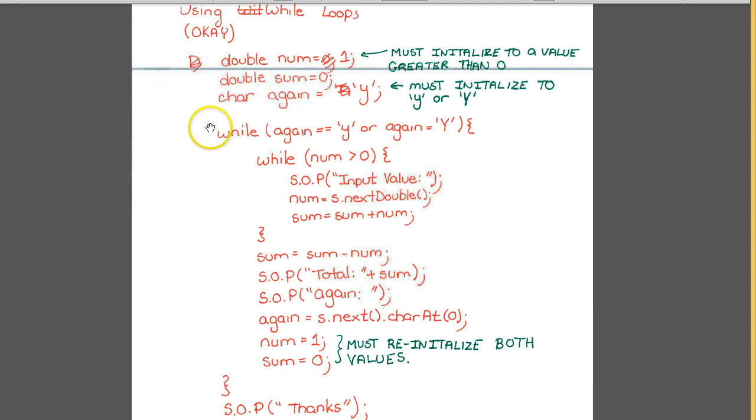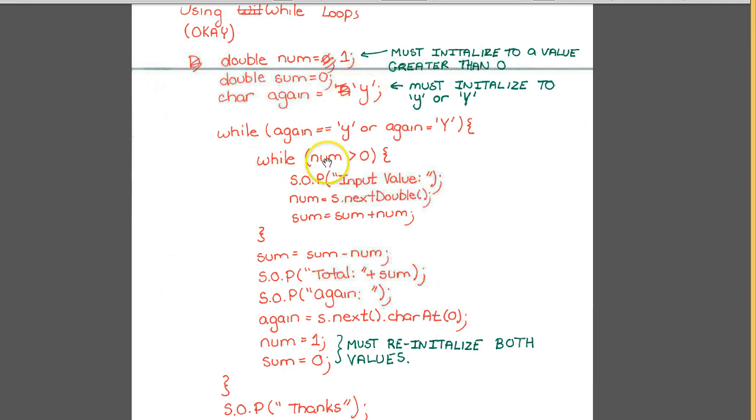So the one added thing we have to really be aware of if we use a while loop instead of a do-while in this case is the initialization. So in our do-while example, it didn't matter what again was initialized to, but because in this case I have to enter this while loop the first time, I must initialize it to y.